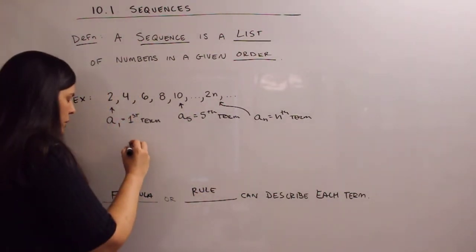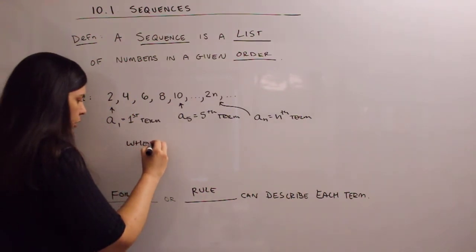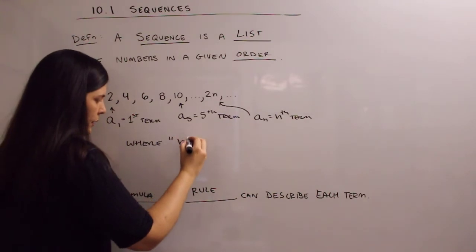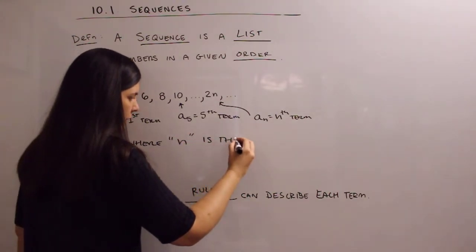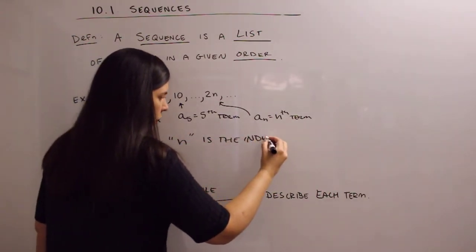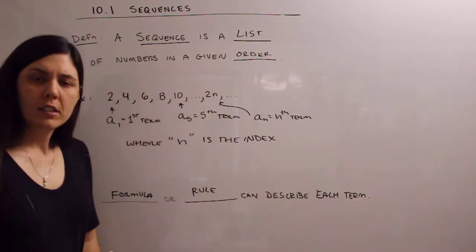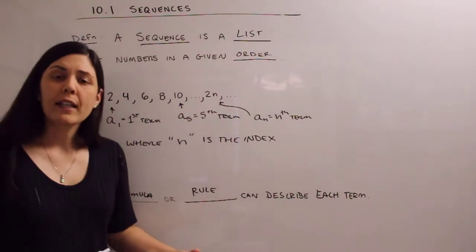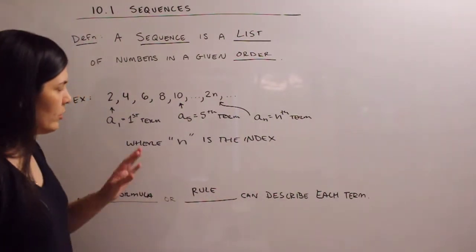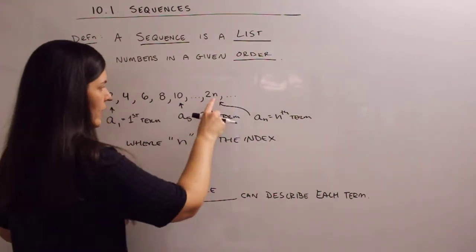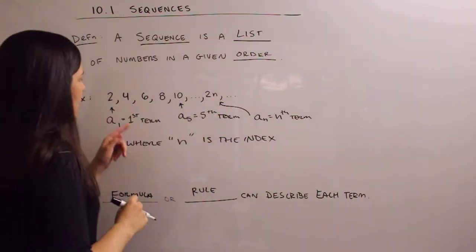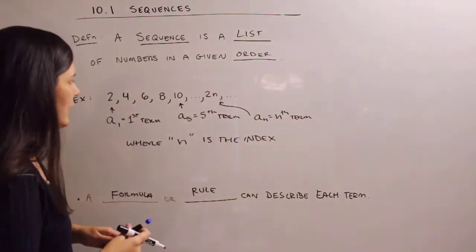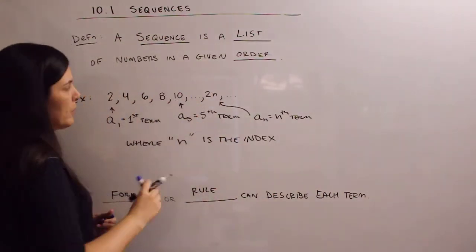So n, let me just make a mention about what n is called. So this is an example of a sequence where the letter n is the index. So n is the index, and it tells us about, in general, our nth term on our list, or the rule for how to find these numbers on our list. And so let me just show you an example for how 2n would work. Let's use a number that's already on our list. I'll switch colors here. Let's say we wanted the third term on the list.